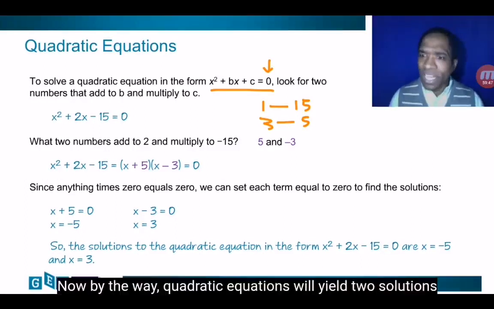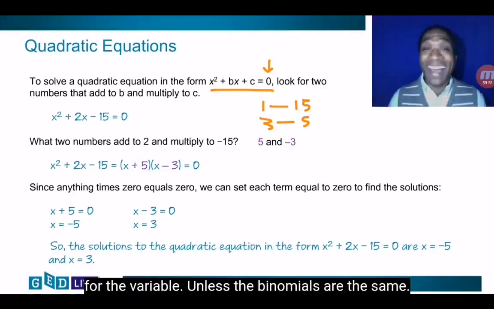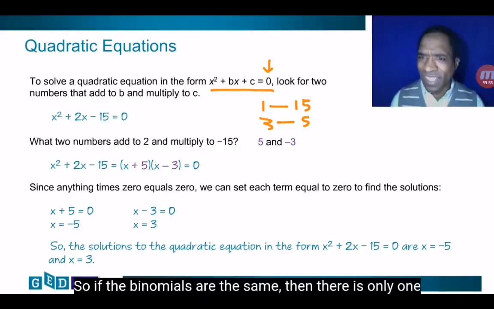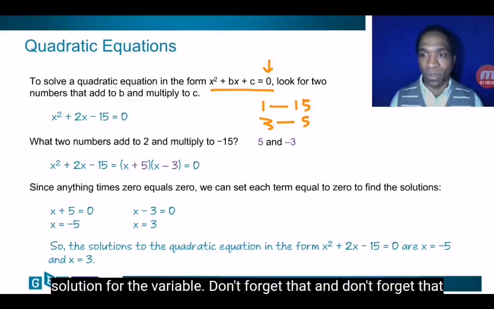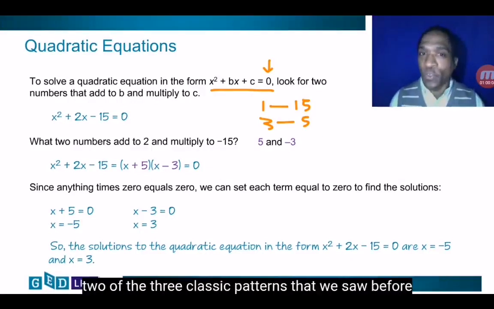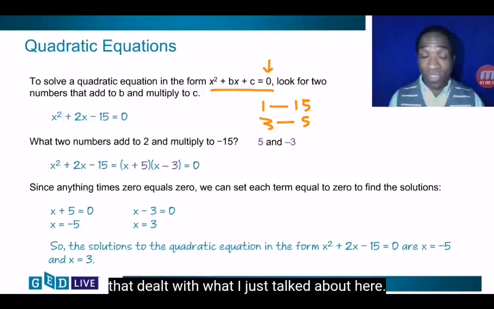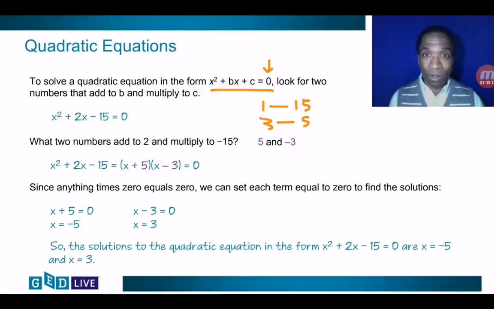Now, by the way, quadratic equations will yield two solutions for the variable unless the binomials are the same. So if the binomials are the same, then there is only one solution for the variable. Don't forget that two of the three classic patterns that we saw before dealt with when you have the same binomial.